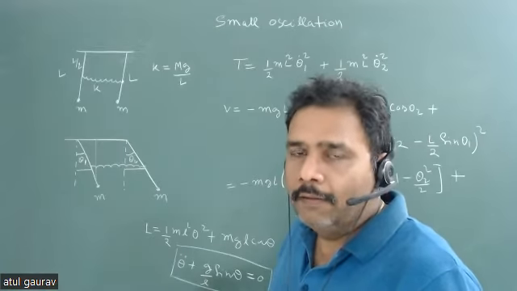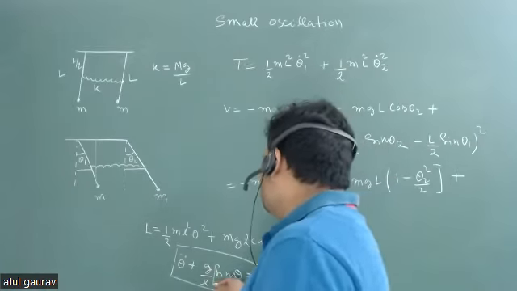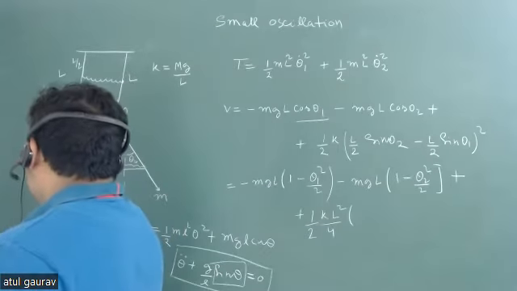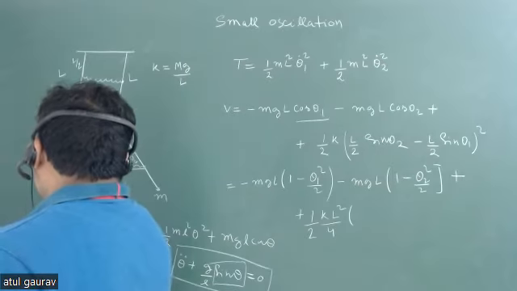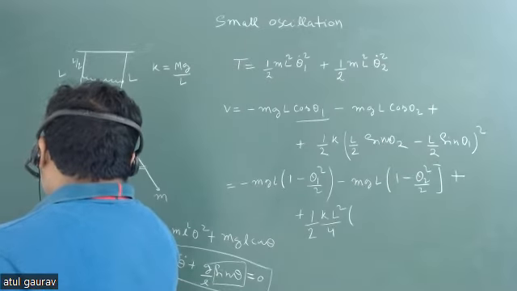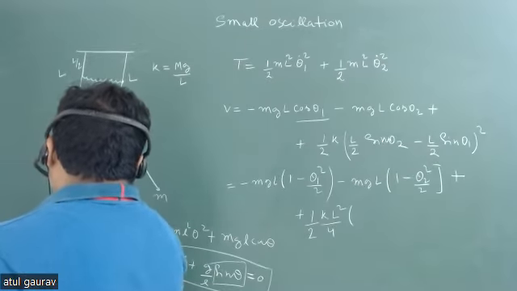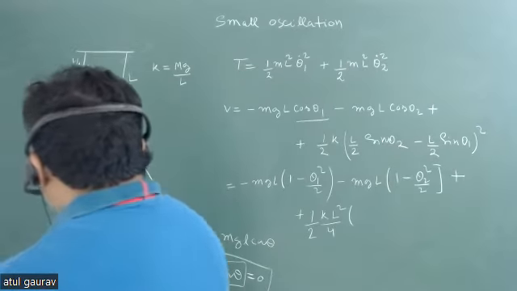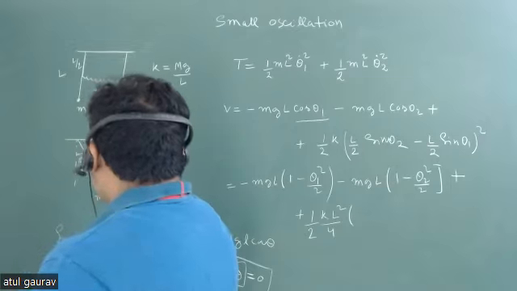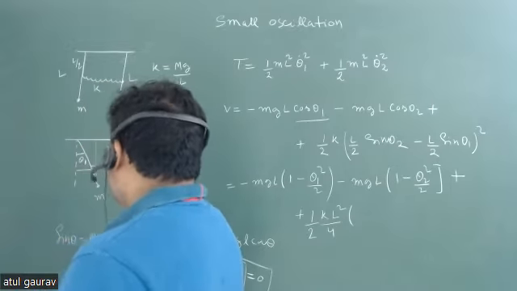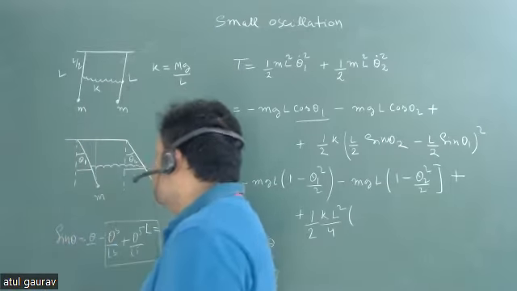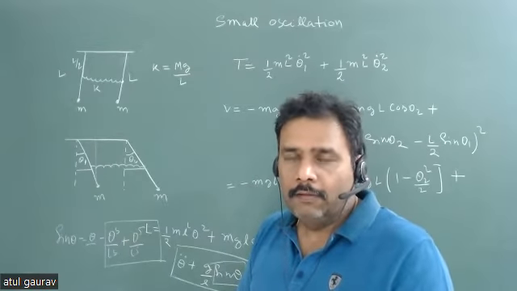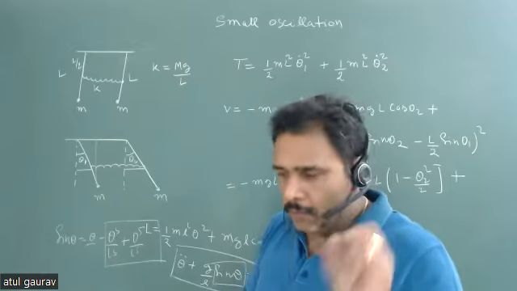Are you getting my point? आप क्या करोगे? So you will just use the Taylor expansion that sin theta is equal to theta minus theta cube by factorial 3 plus theta 5 by factorial 5 and so on. And what you are doing, you are neglecting all these terms by assuming that this is very small. So you can say that sin theta is equal to theta. Are you getting my point? Yes, okay, sir.